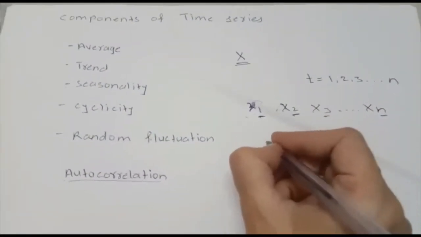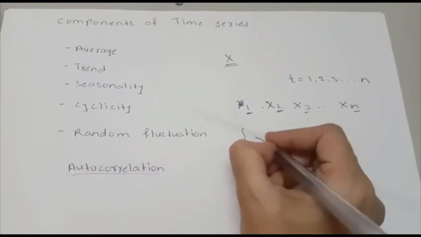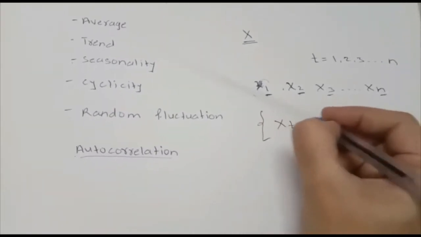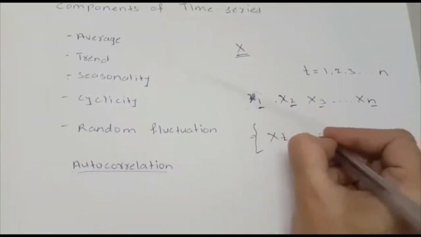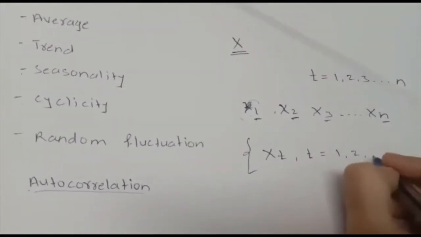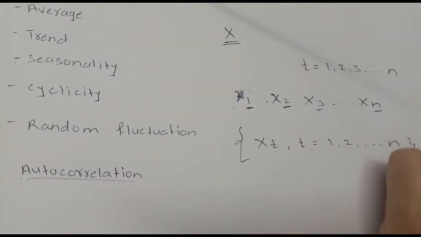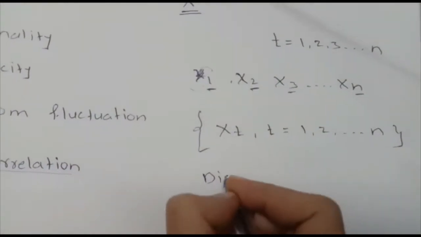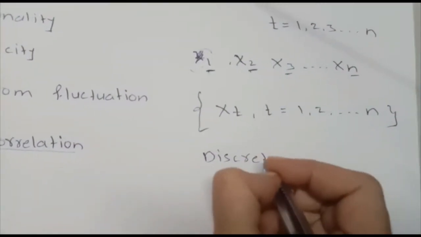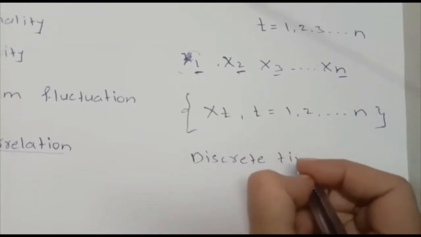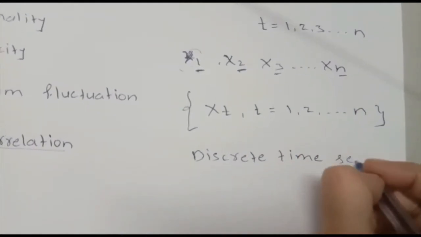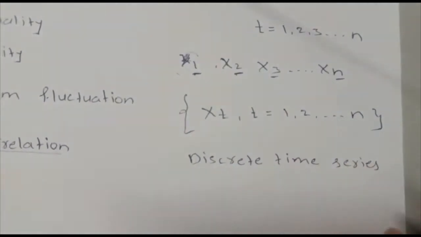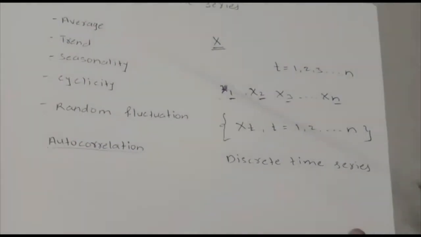So we will write it in short as xt, where t equals 1, 2 up to n, and this is known as discrete time series. I hope you understand it.